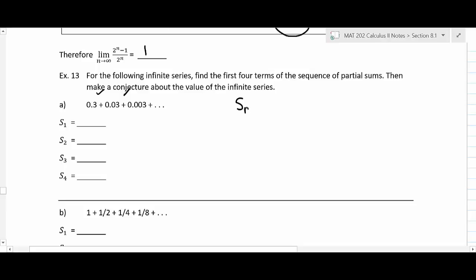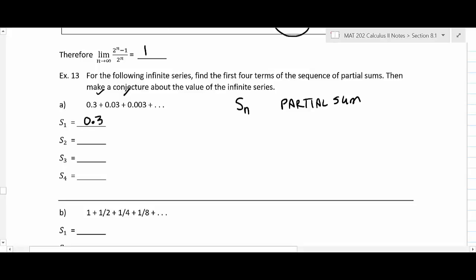Anytime you see something like that, that means a partial sum of the series, which is real important when you analyze series, okay? Because you're trying to see where that partial sum is going. So when we create this list, we'll get a better idea of whether this is going to converge or not. The first term in the partial sum is 0.3.